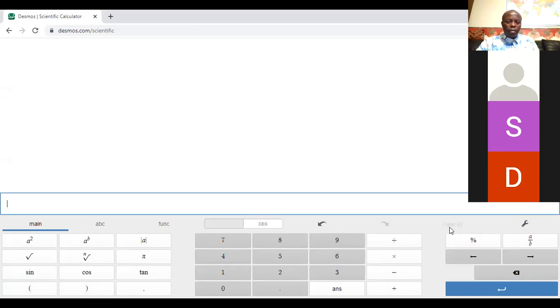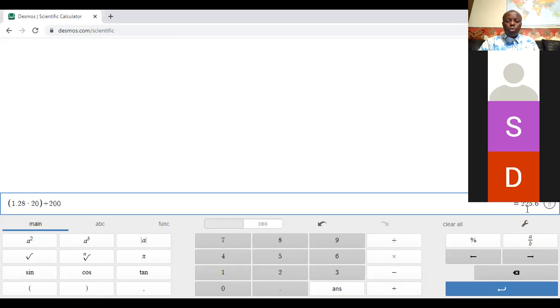I'll clear this. 1.28 times the standard deviation of 20. Okay, plus the mean of 200.